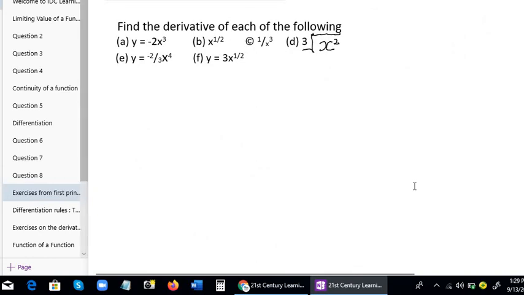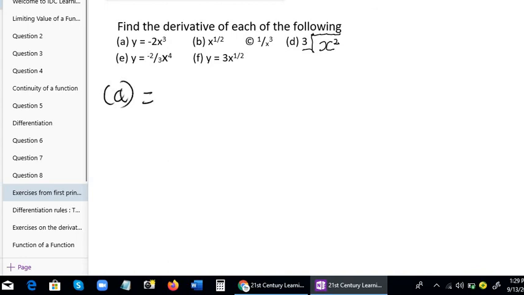Now we have more exercises from first principle. Okay, so we are going to just take some of them. So I would like you to try these questions, but also like to solve with you. Let's pick the first one. I'm going to be faster now. At least I'm sure you've gotten the idea.